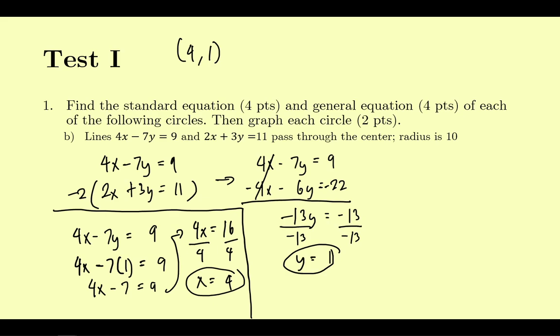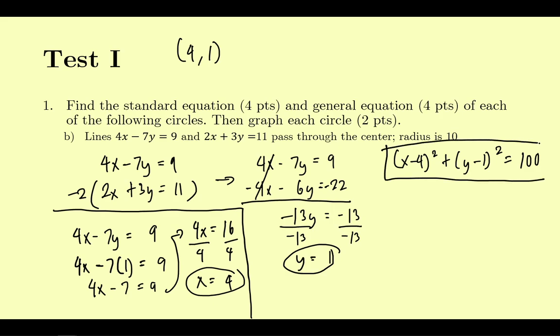And because of that, you can simply plug that into the equation of the circle. So magiging x minus 4 squared plus y minus 1 squared is equal to, the radius is 10, you will square that, you will end up with 100. Ayun siya. And then you can expand this to find the general form of the equation.